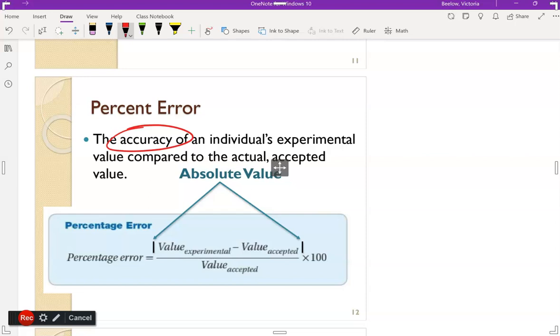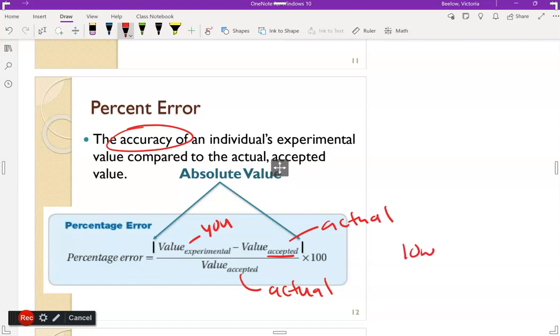So essentially you take your experimental value, so this is what you got in the experiment, minus the accepted value. So this is what it actually is. You take the absolute value of that, so just the difference between those two numbers, and then you divide it by the accepted value or the actual value, and then you multiply it by 100.